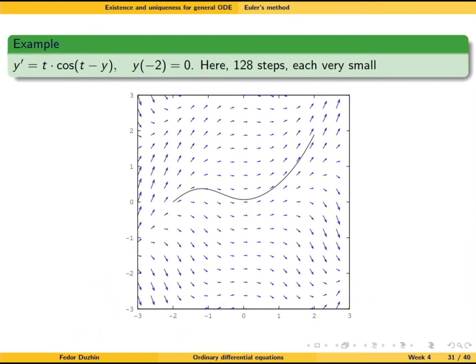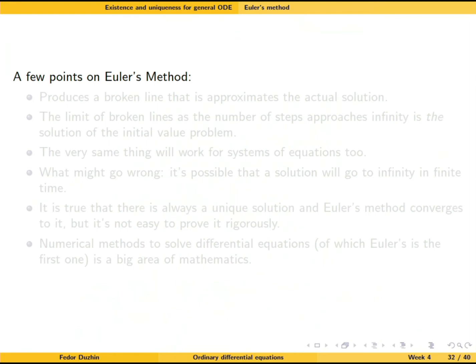And the way it is constructed is, of course, so that at each point of this smooth curve, the tangent vector here is going to be exactly the vector from the direction field. So, and of course you can imagine that if you take the limit of this process, then the limit is probably going to converge to the actual solution, right?